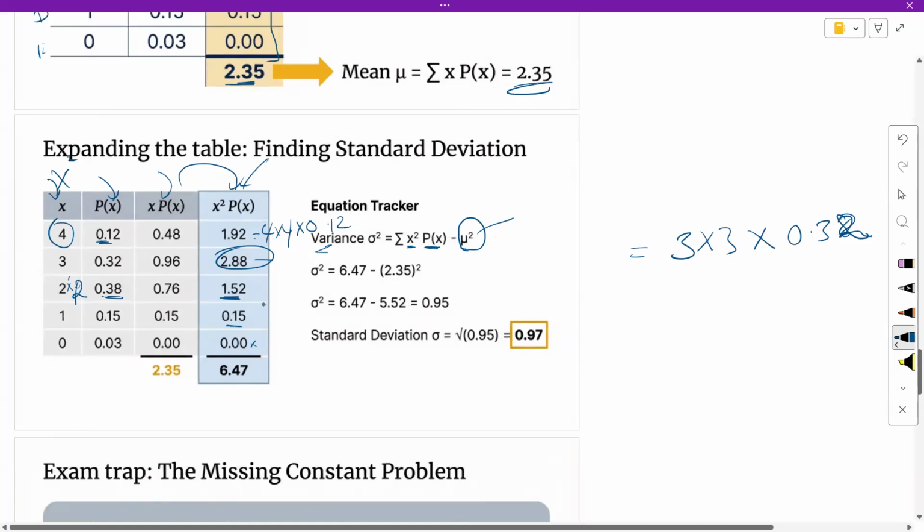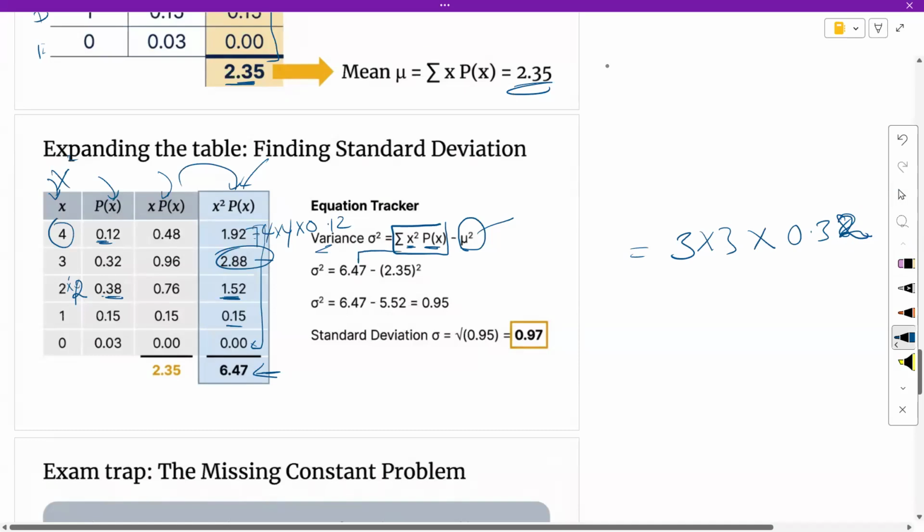Now we have to take the total of this column, and it is equal to 6.47. So we have calculated this portion. And for the second part, we already know the mean.